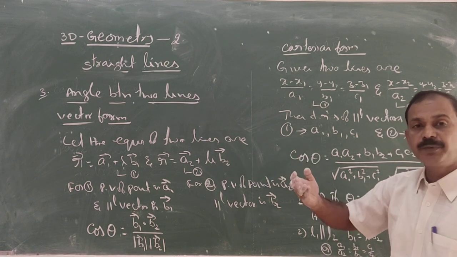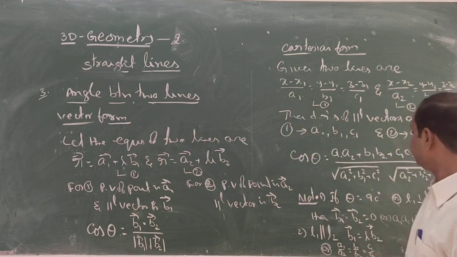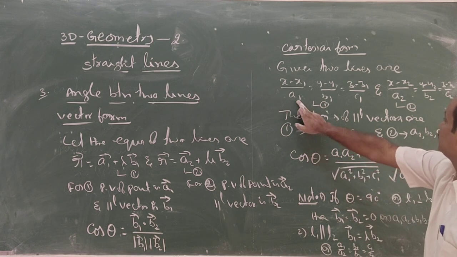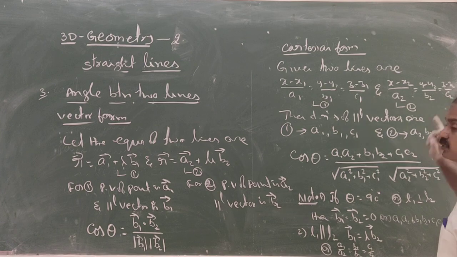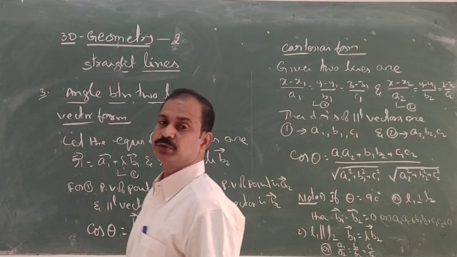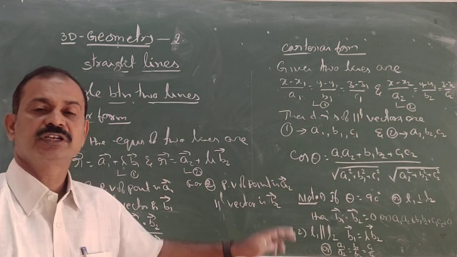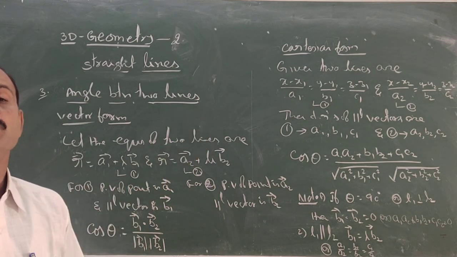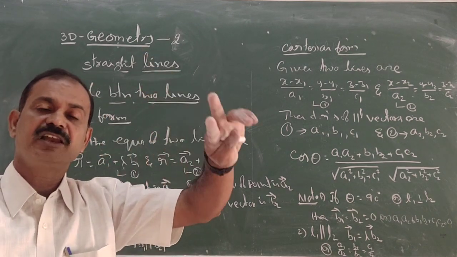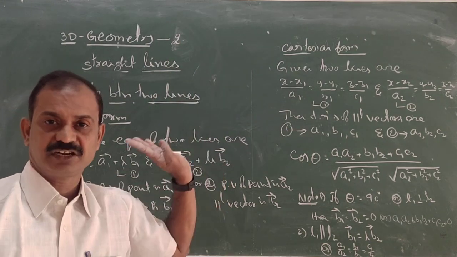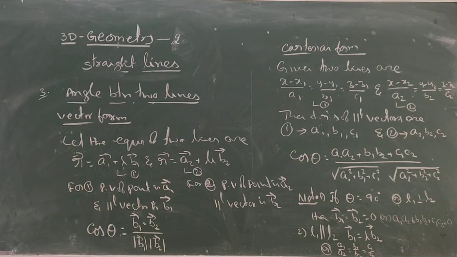Or when you see the components, the ratio must be the same, that is a1 by a2 is equal to b1 by b2 is equal to c1 by c2. This is about the angle between the two lines. So the angle between two lines is nothing but the angle between two parallel vectors. That's all.